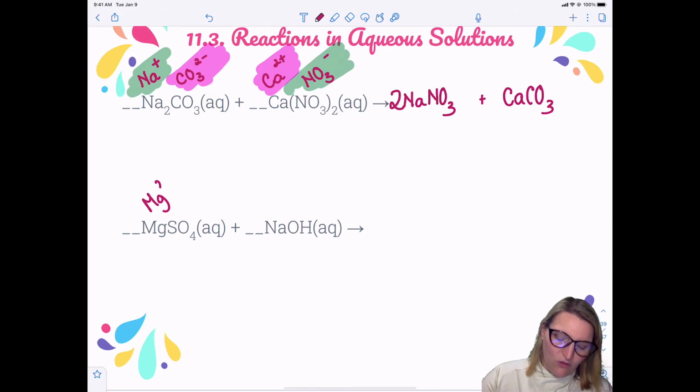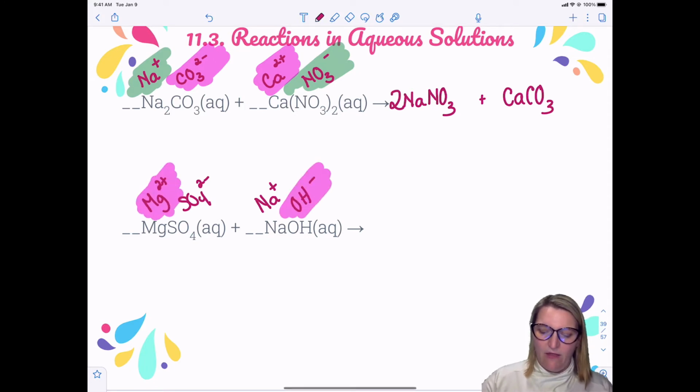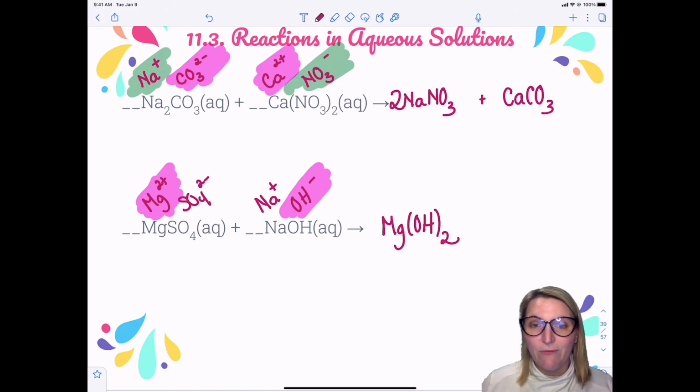Magnesium is a 2+ ion from the periodic table. Sulfate is 2-, I memorized that. Na +1, OH-, right? Positive of one, negative of the other. Crisscross the charges, Mg(OH)2. All that stuff from chapter 7 in the ionic compounds we still need to know.